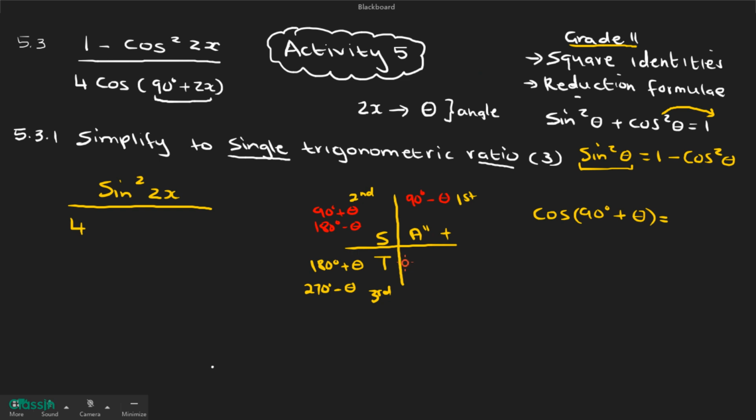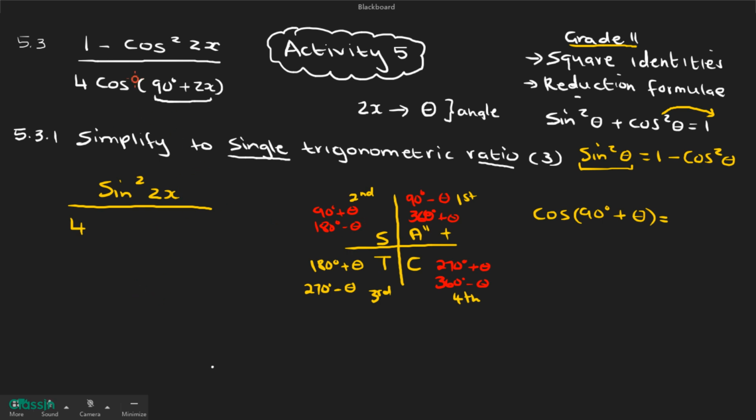Then lastly, we have cos in the fourth quadrant, and in the fourth quadrant we have 270 degrees plus theta and 360 degrees minus theta. And therefore, in the first quadrant we'll still have, because here it says 360 minus, 360 degrees plus theta. So if you know this, you are done with this question.